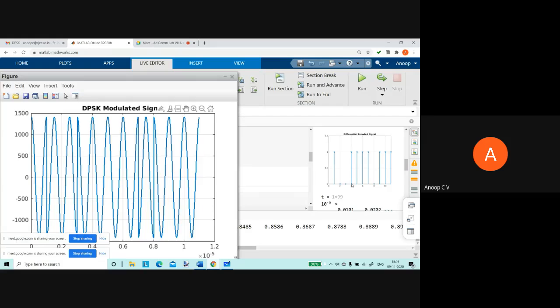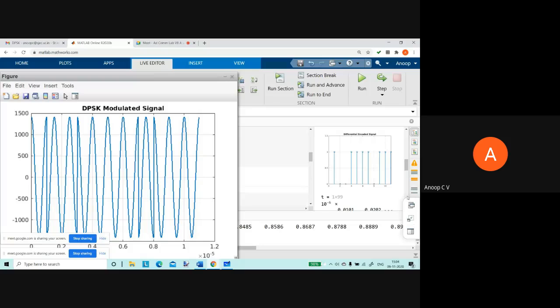Then what we have is 0 and 0. For 0 we are transmitting minus cosine, for 2 bits. Then again we have 1 1 1 1, for which we'll be transmitting plus cosine. Then 0. So it's the same as before: if it is 1, we transmit plus cosine, and if it is 0, we transmit minus cosine.